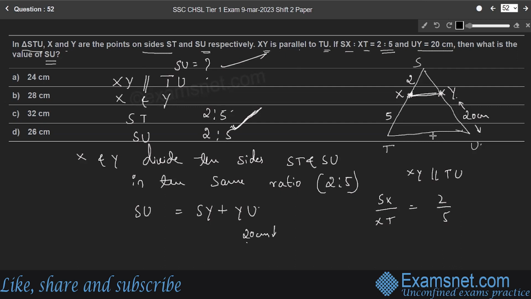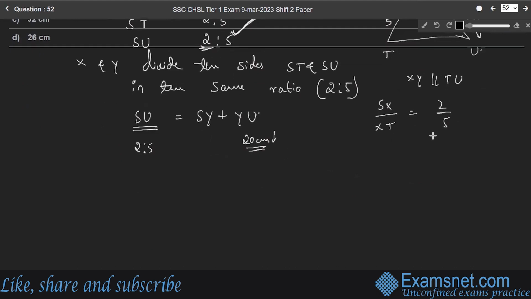So if it is the fifth part, what is the second part here? Because the complete SU is in the ratio 2:5, 5 parts is nothing but 20 centimeter. Therefore, 2 parts is equal to, 4 into 5 is 20, so 4 into 2 is 8.